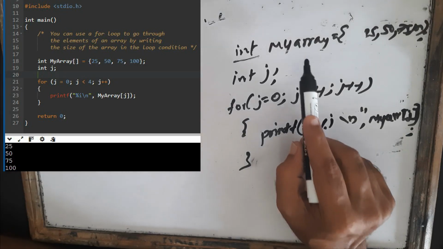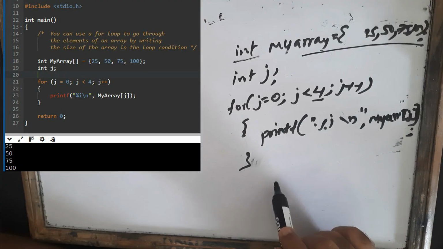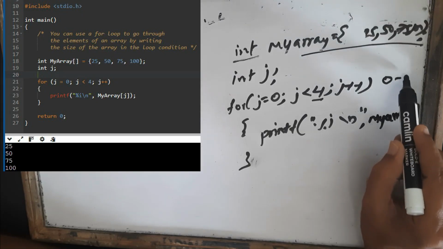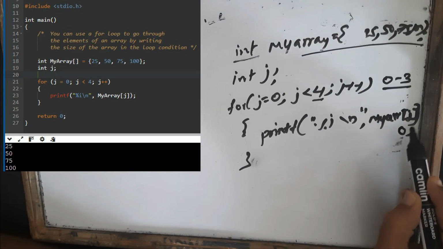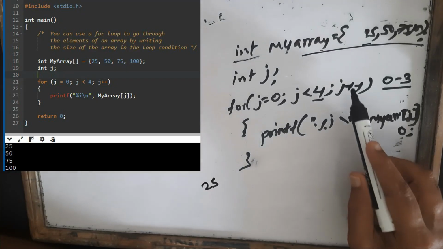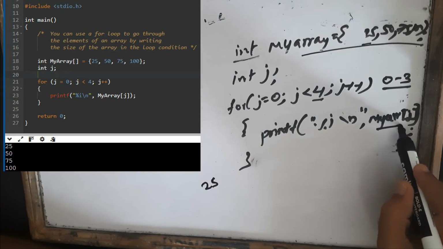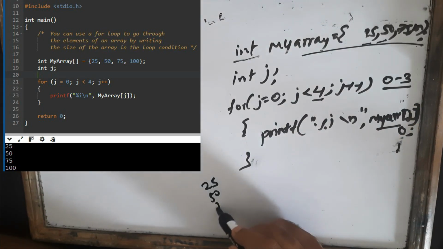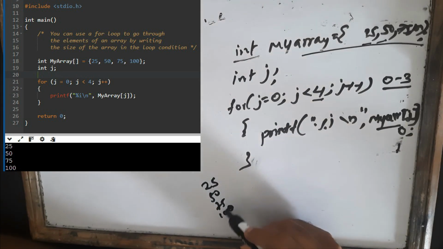You can observe here, my_array has 4 elements, so that's why it is 4. That means this runs the loop from 0 to 3. First it comes with my_array[0], which is 25, and 25 is printed here. Then the next iteration is for my_array[1], which is 50. Like this it will print all the 4 elements from 0 to 3.